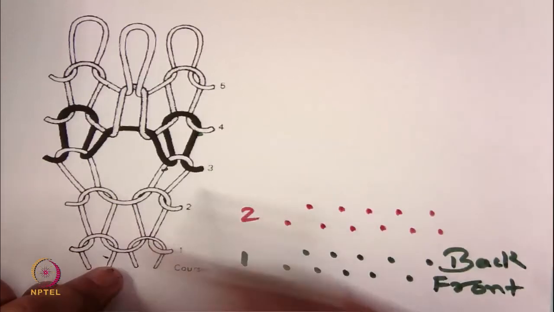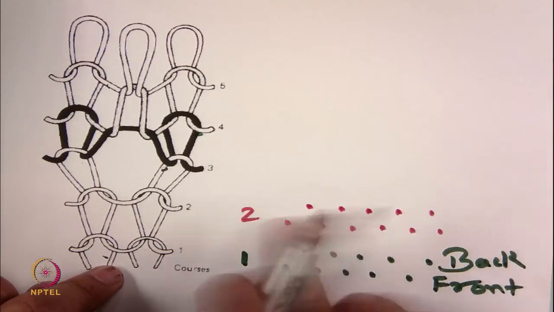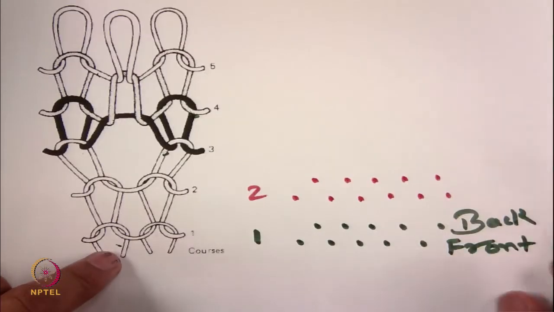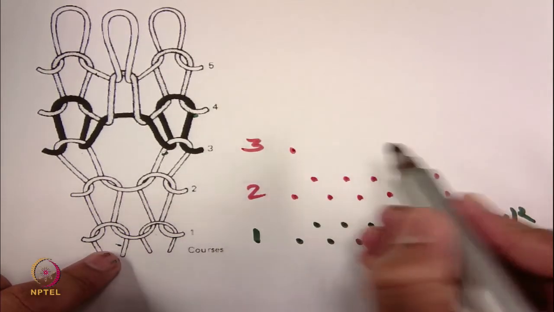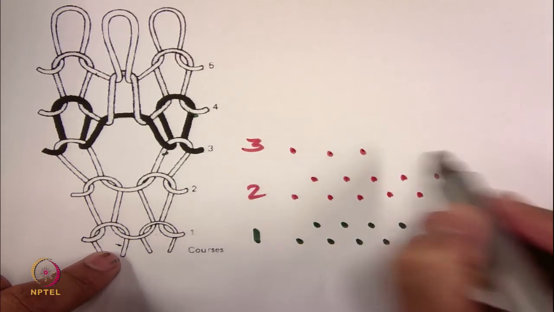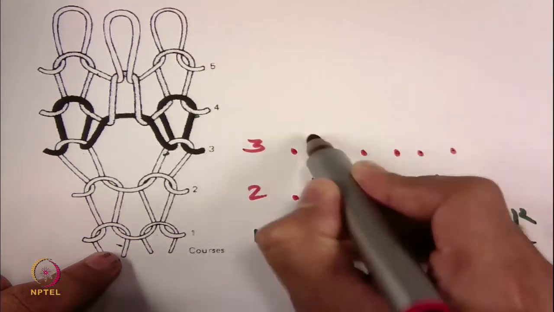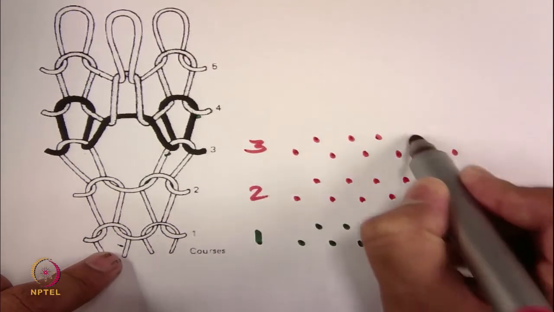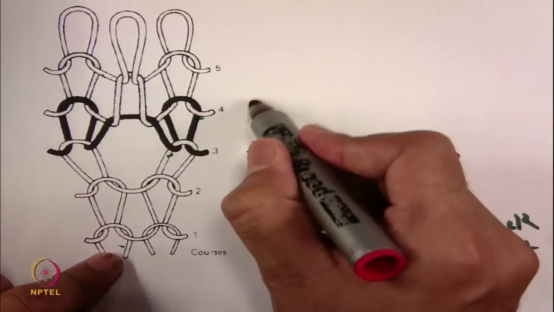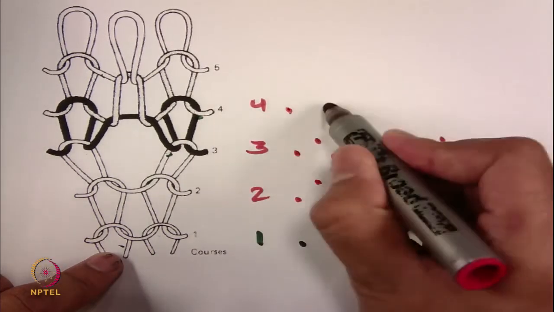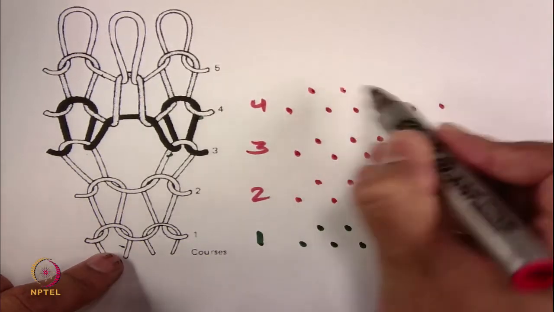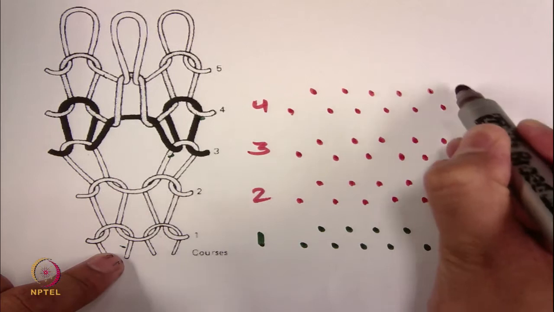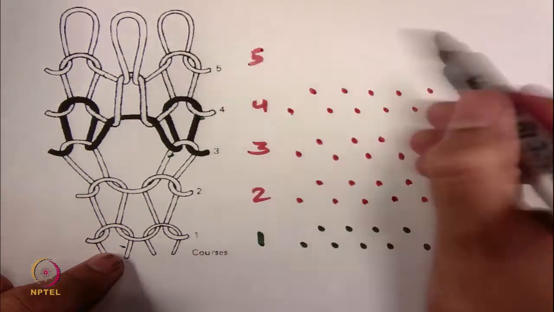But while making the loops I will be using only a few needles from each of these beds. Now, let us go for the third course. Now let us go for the fourth course. Now let us go for the fifth course.